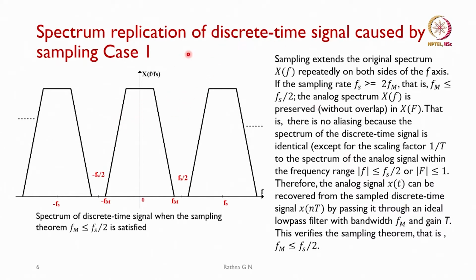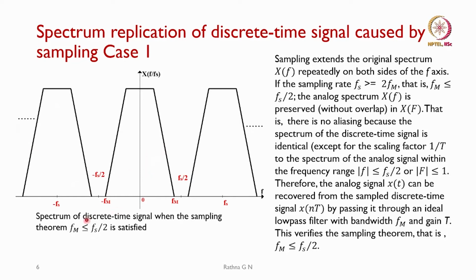It is caused by sampling. Sampling extends the original spectrum X(f) repeatedly on both sides. We call these points minus fs by 2 and fs by 2, and we get images of the spectrum.